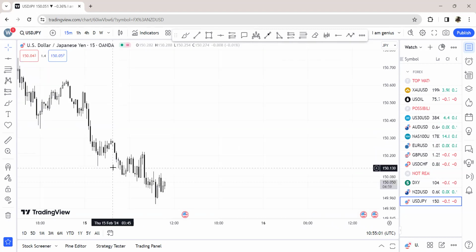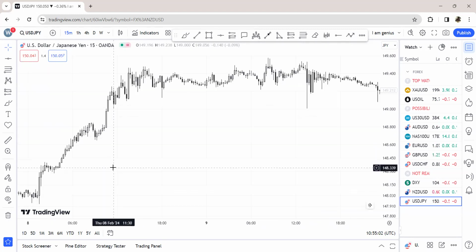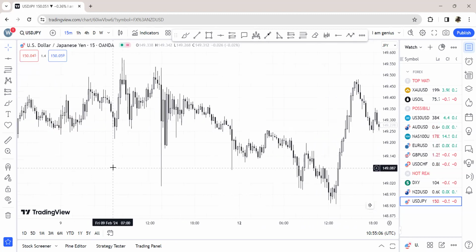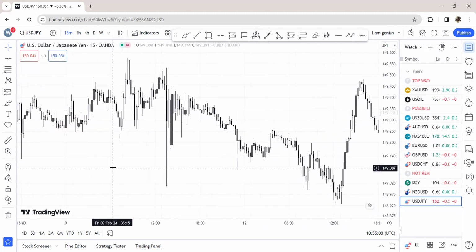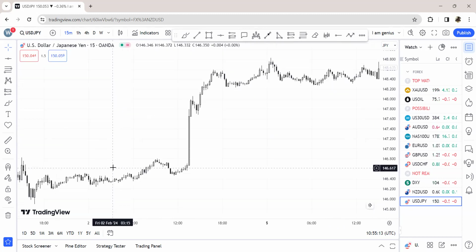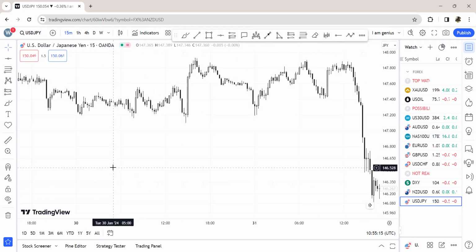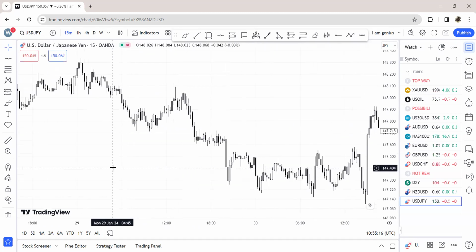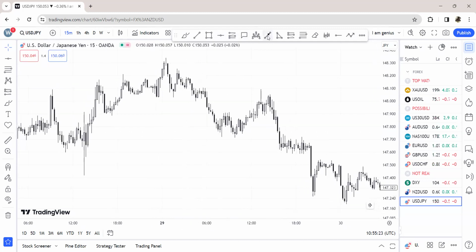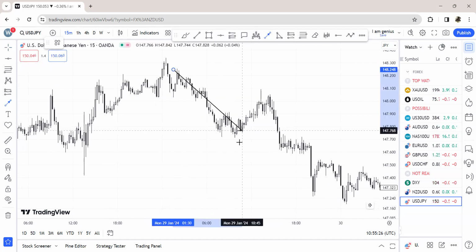So I've removed everything. So let's try to find, let me see, do I have a downtrend? Let me see if we can look at any downtrends. Okay, so you can see this is clearly a downtrend. We have an impulsive move.